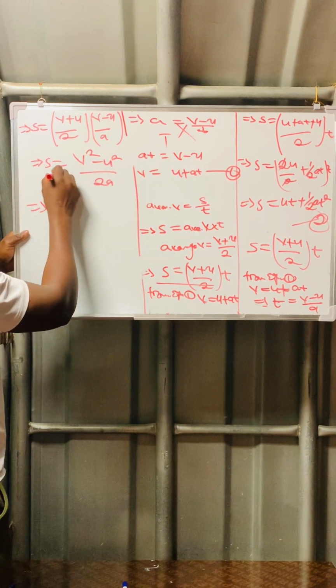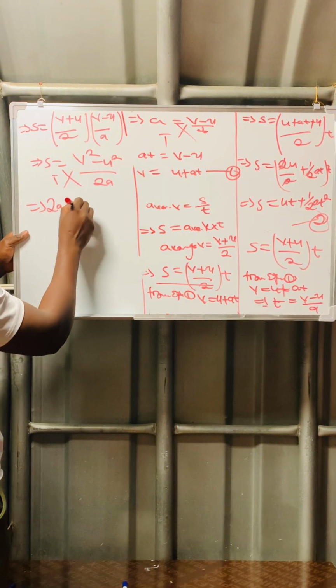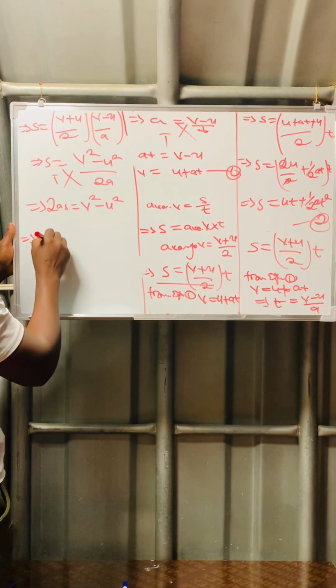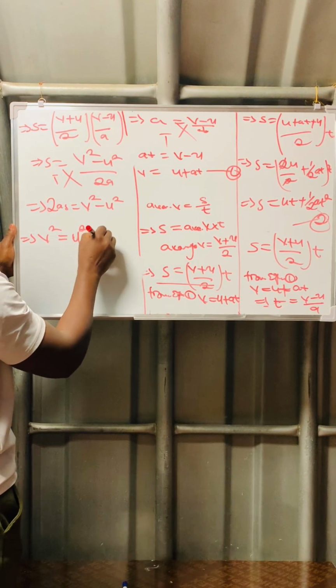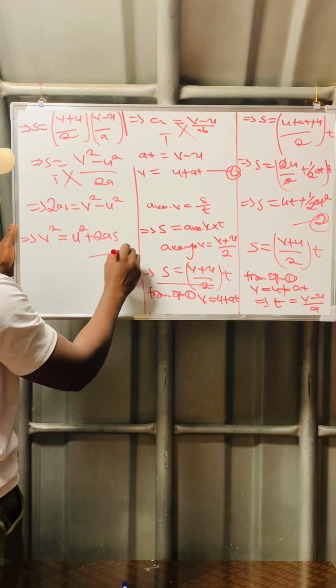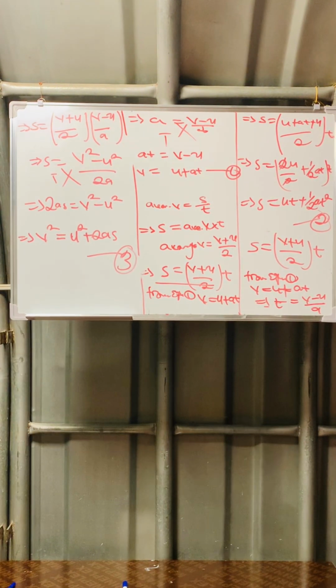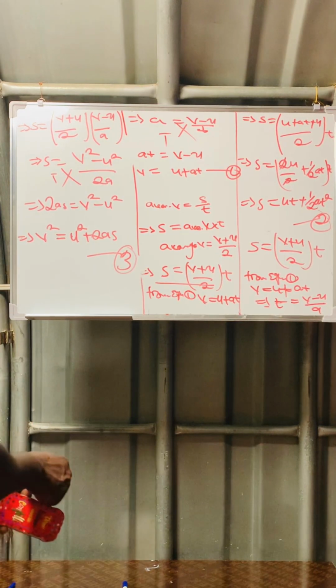Let's cross multiply and change it to a linear equation. You get 2as equal to v squared minus u squared. This implies v squared is equal to u squared plus 2as. This is known as the third equation of motion. In other cases, we can use a graphical way to solve this.